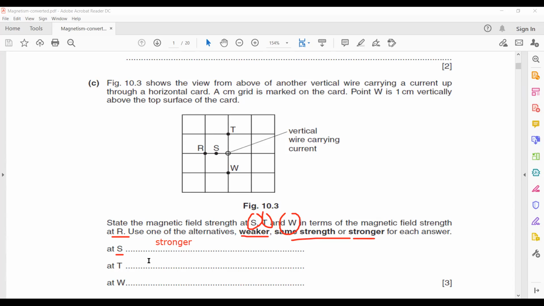What about T? It will be the same because they have the same distance. So it does not depend on whether it is vertical or horizontal. What about W? That will also be the same because equally spaced, so the same distance.